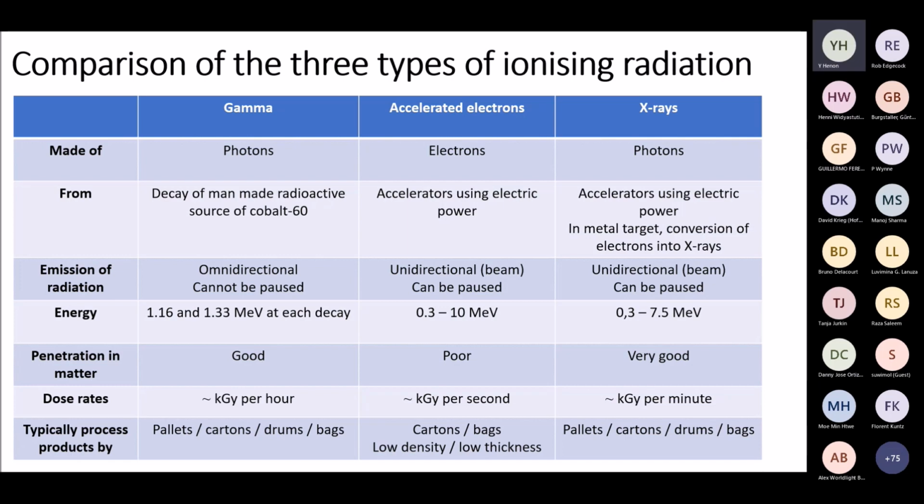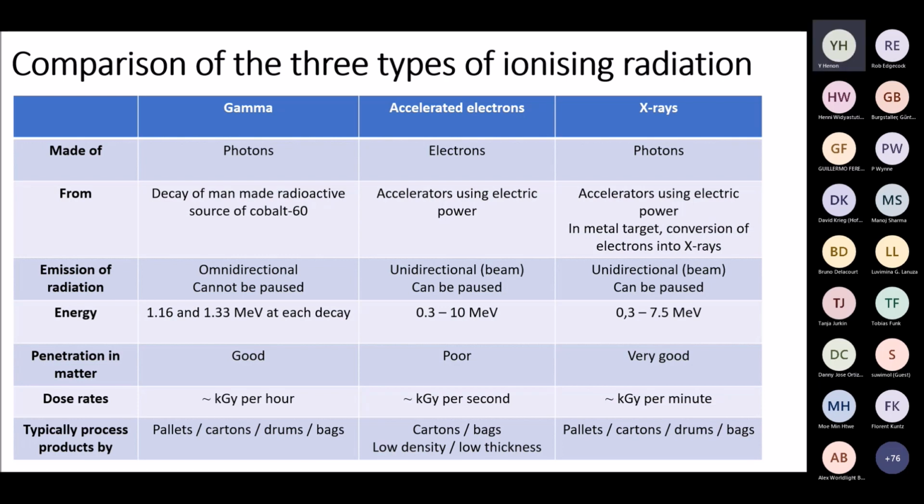So gamma radiation has been established for a long time now. It's made of photons, and these photons are produced by the decay of a cobalt-60 source, which is man-made. Every time there is a decay of one atom of cobalt-60, 2 photons are produced.